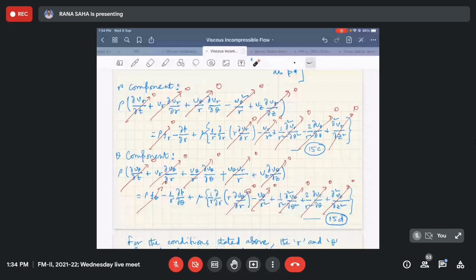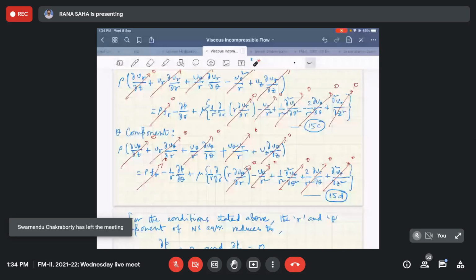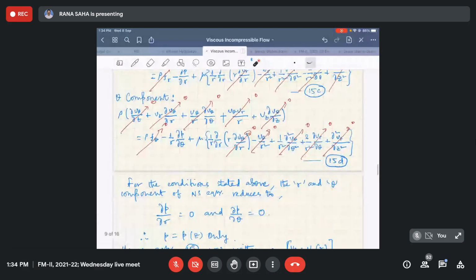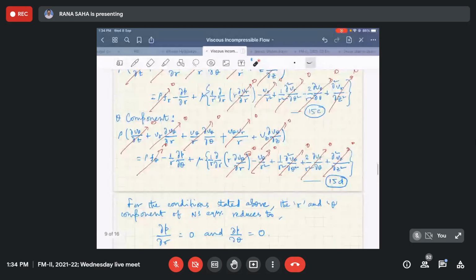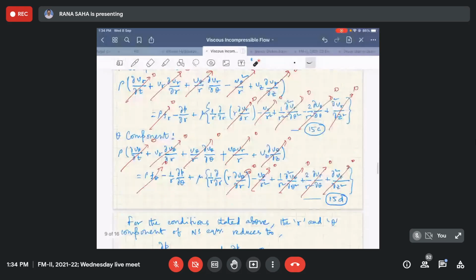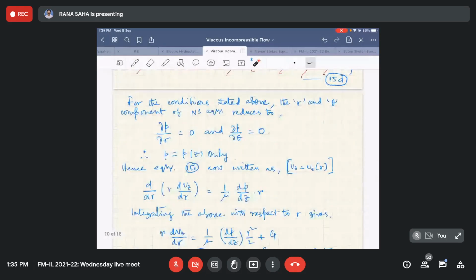So from these two equations, 15C and 15D, from 15C we can see that del P del R is equal to 0 and 15D gives us del P del theta equals 0.